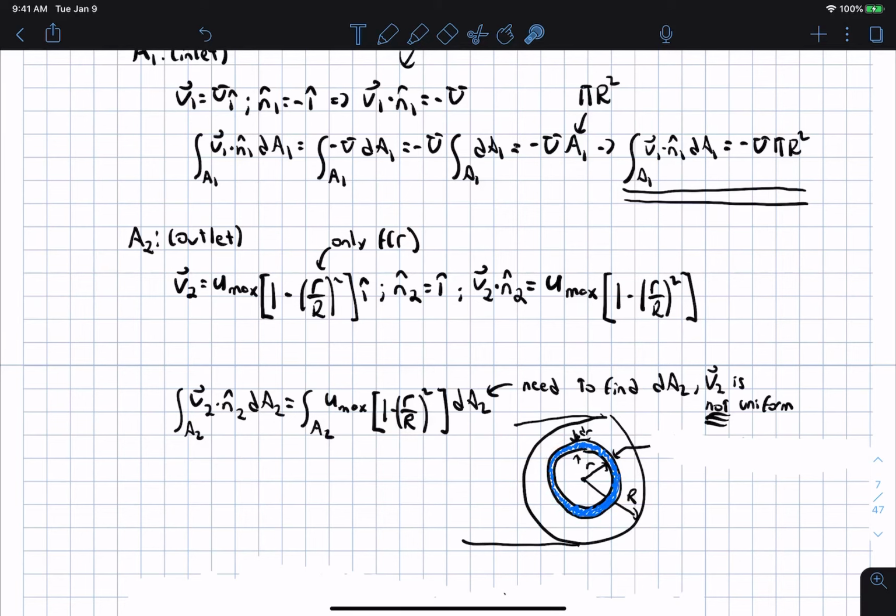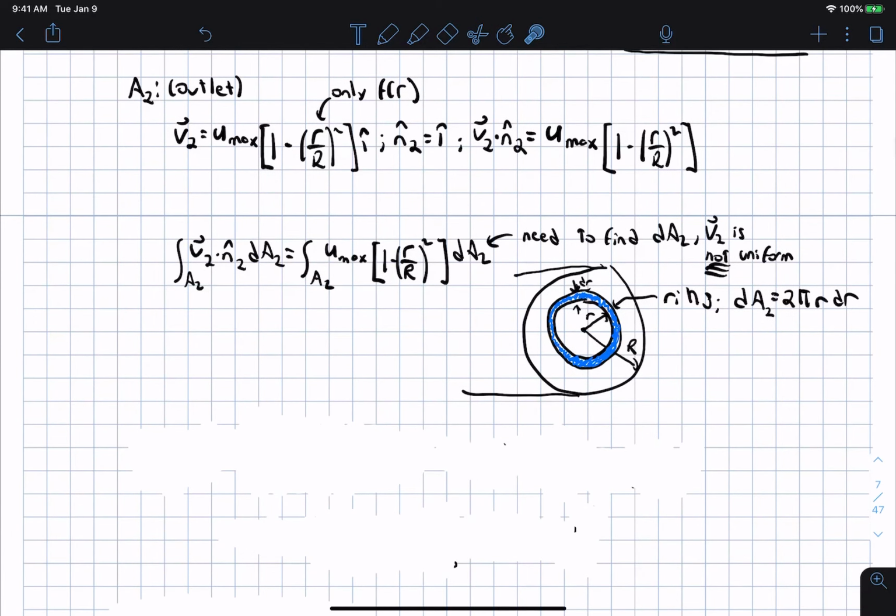So we can define dA to be the area of a differential ring. And so that means that dA2 is equal to 2 pi r dr, or you could break it into little angle chunks too. Either way is fine.